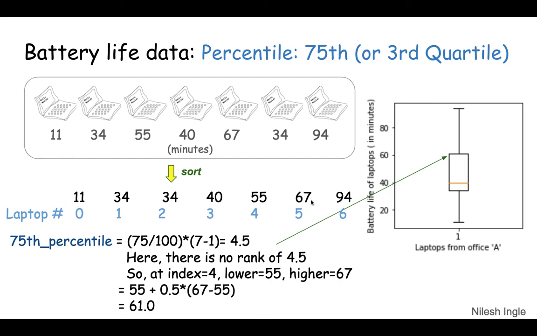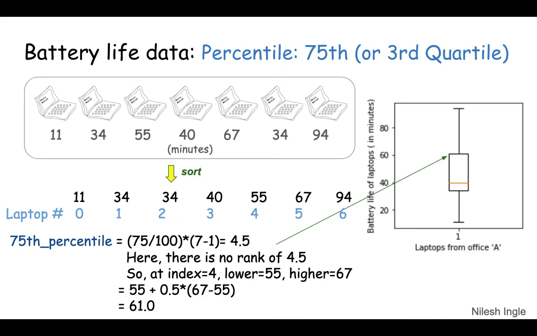After that we use that in the formula: lower plus the decimal number, 0.5, times higher minus lower, so 55 plus 0.5 times 67 minus 55, so we have 61 as the number. So at the 75th percentile the value is 61.